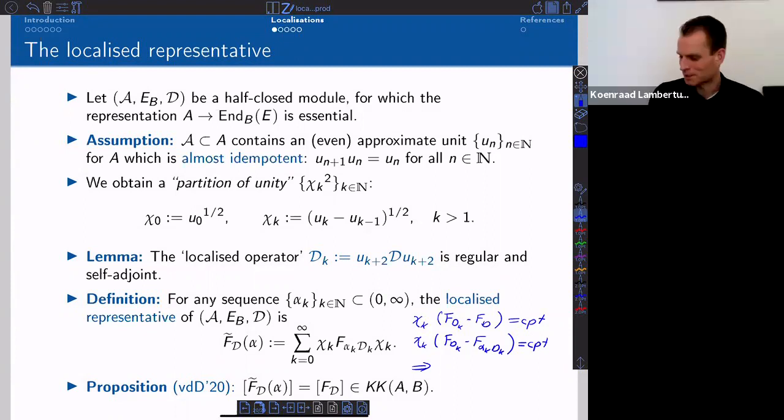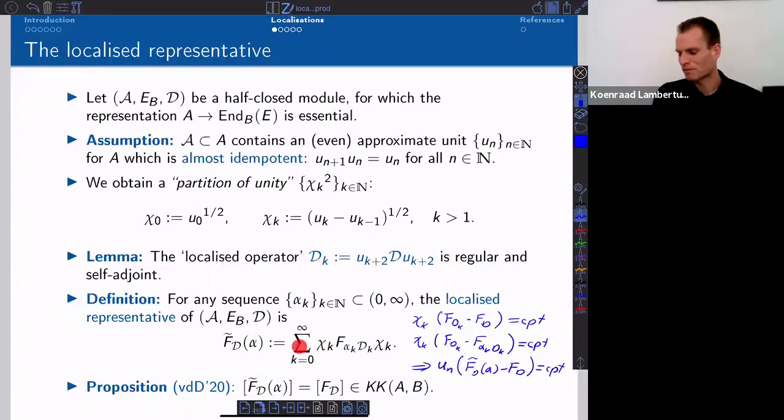So with these two compact perturbations, if we now consider the difference between our localized representative and the bounded transform, then this will also be a locally compact perturbation. So we put UN in front here.